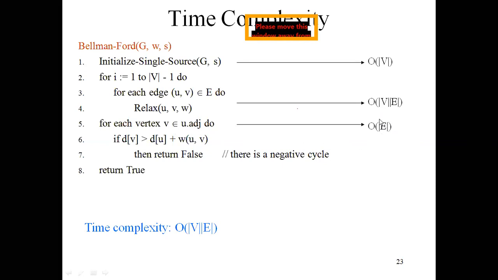So that is why it is for the number of edges, big O of E. So finally, what is the time complexity of this Bellman-Ford algorithm? The time complexity is big O of V into E, number of vertices in the given graph multiplied by number of edges.